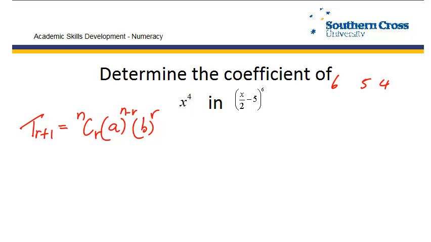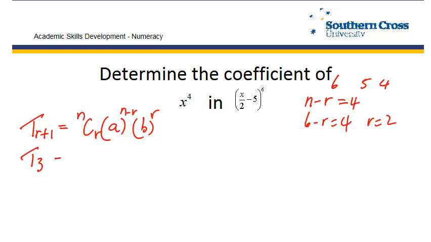The other way of knowing it's the third term is that n minus r must be equal to 4, and as n is 6, 6 minus r equals 4, so r is equal to 2, and so the term we're after is one more than r, which is the third term.